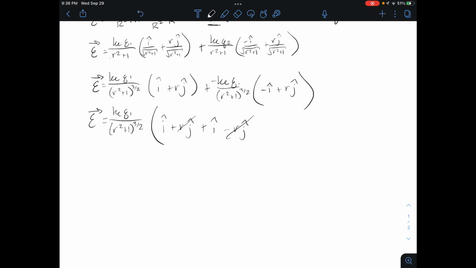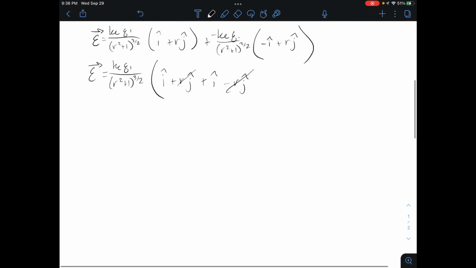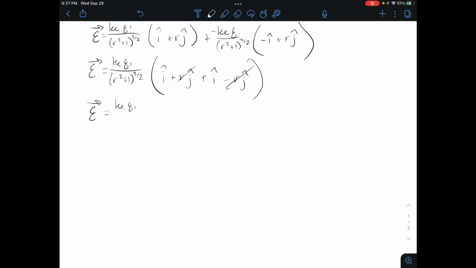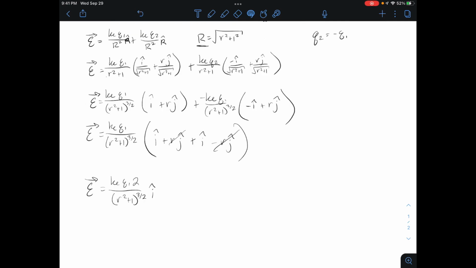These are going to cancel. This leaves us with just 2 i hat, and we can pull out the 2. So finally our electric field is going to be Ke Q1 2 over r squared plus 1 to the 3/2 in the i hat direction.